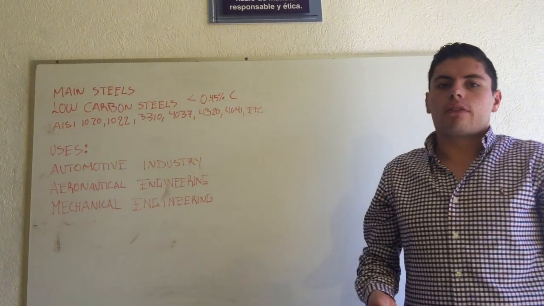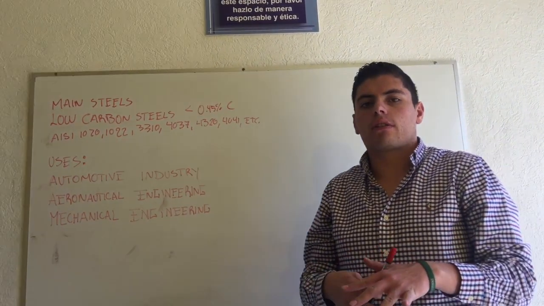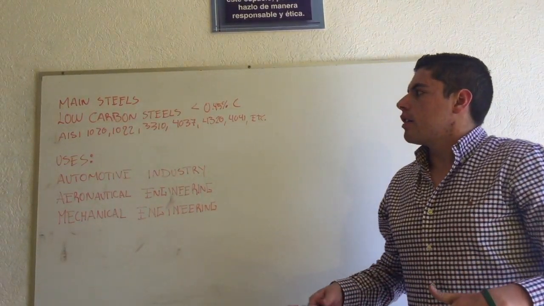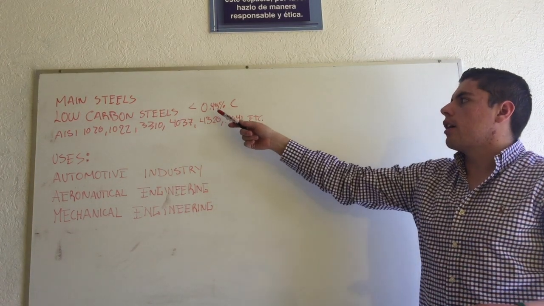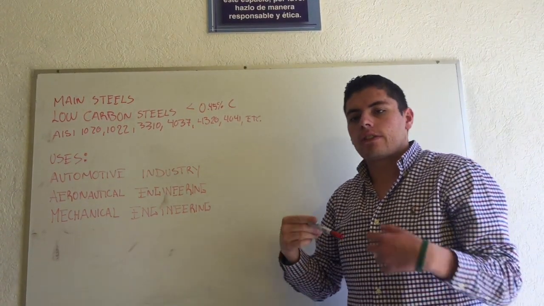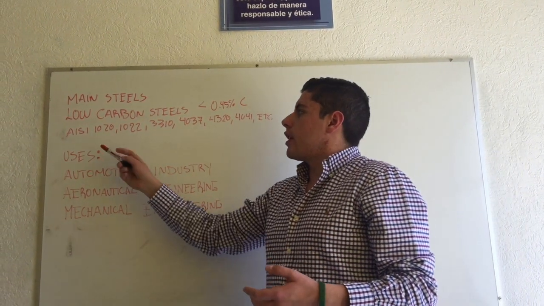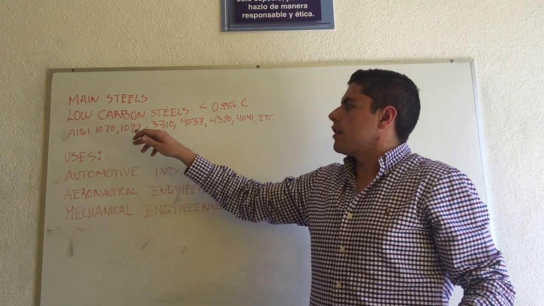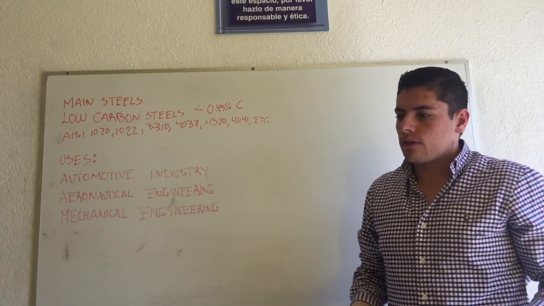So the main steels that use this type of process, the ones that we worked with in the lab, are the ones that have low carbon, and this represents less than 0.45% of carbon inside the material, and the main steels are the AISI 1020, 1022, 3310, 4035, and other ones.